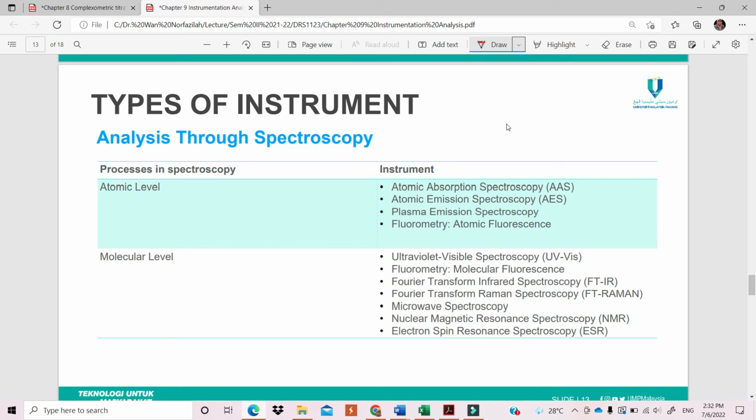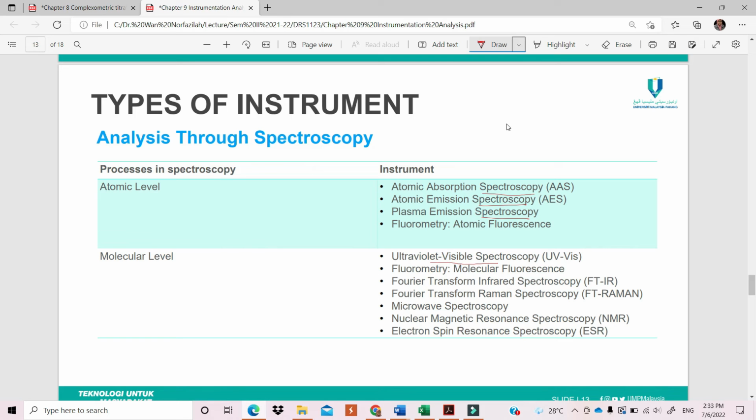Those with the name spectroscopy, sometimes tak ada, tapi biasanya kalau ada kat belakang ni memang dia classified under spectral method. Spectroscopy, so it is the interaction between light and matter. And for molecular level we have UV spectroscopy. Yang ni you guna dekat lab kan. Yang ni classified under spectral method.